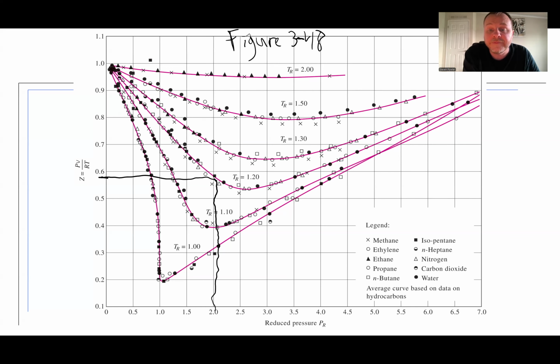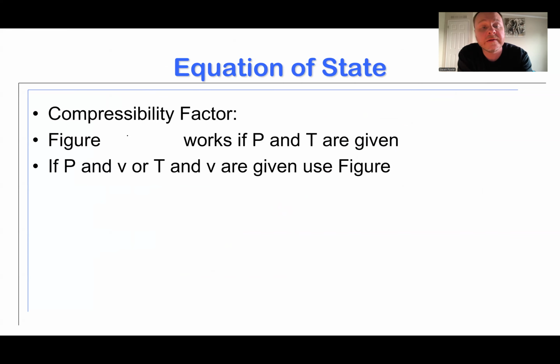Okay. So figure 3-48 works really well if you're given pressure and temperature. But if you're not given pressure and temperature, there's a figure back in the appendices that you'll want to use.